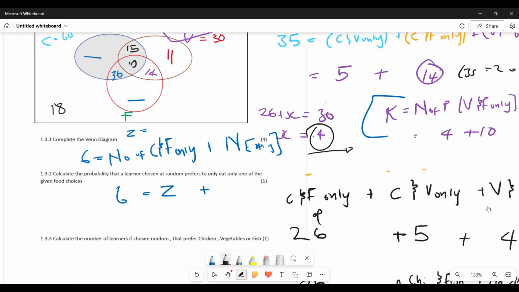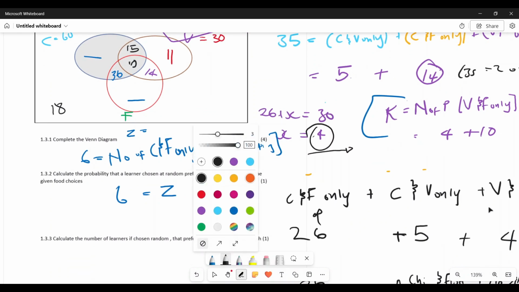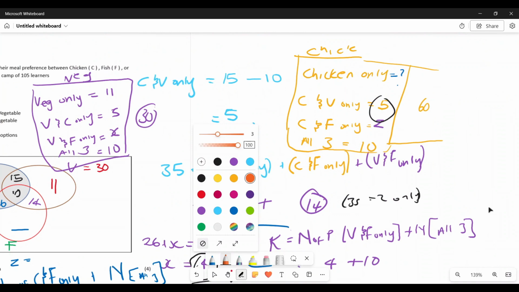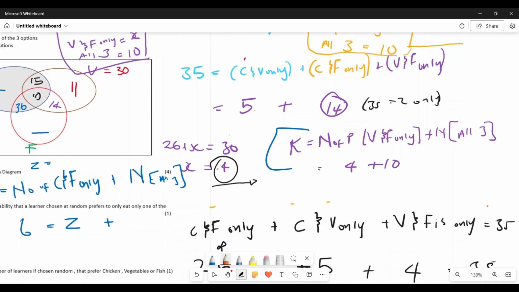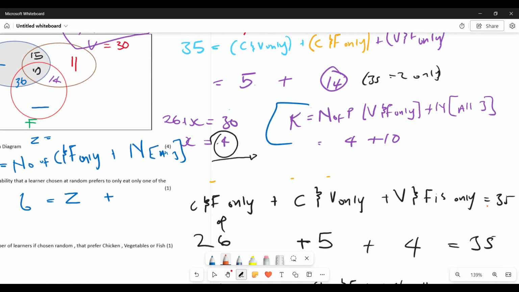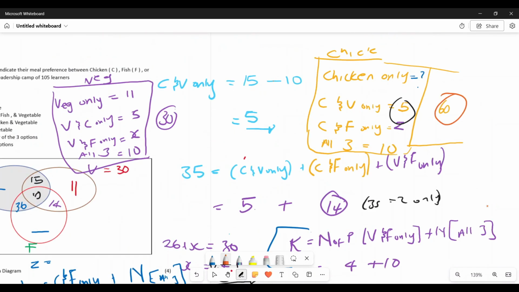Now let's start with the calculation of the number of people who like chicken only. I've written down the formula above. To get the number of people who like chicken, 60 in total, we need people who prefer chicken only, the number of people who prefer chicken and vegetable only, and the number of people who prefer chicken and fish only. Remember, we have calculated chicken and fish only as 26, so I'm going to substitute it here. And the number of people who prefer all three.